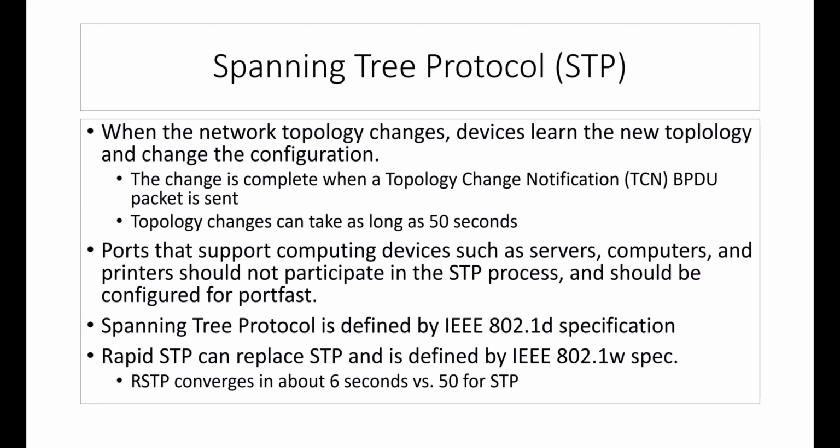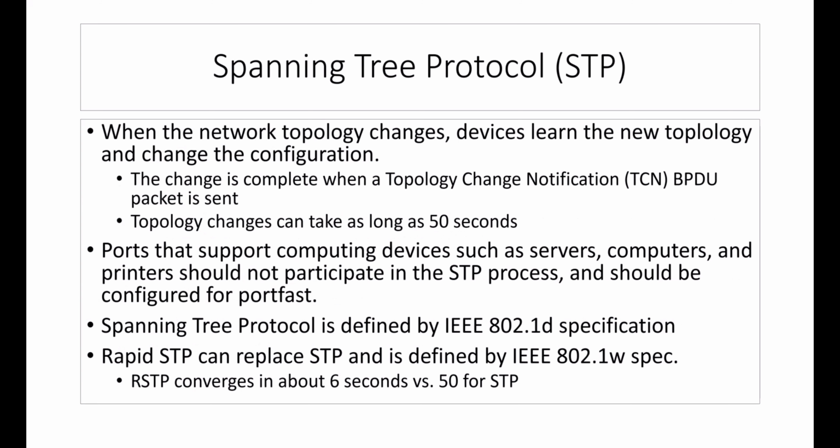Now, ports that support computing devices on your switch, such as printers, workstations, thermostats, and access control units, those devices should be in what's called port fast mode. They will not participate in spanning tree.